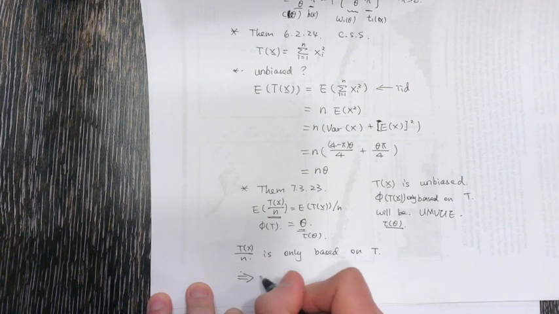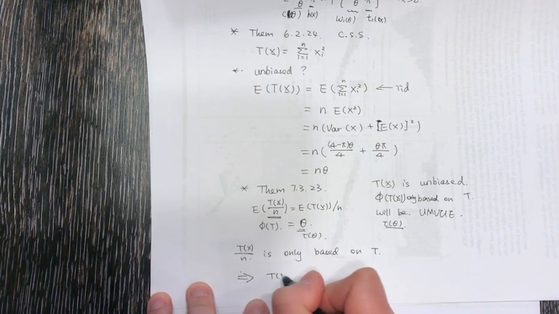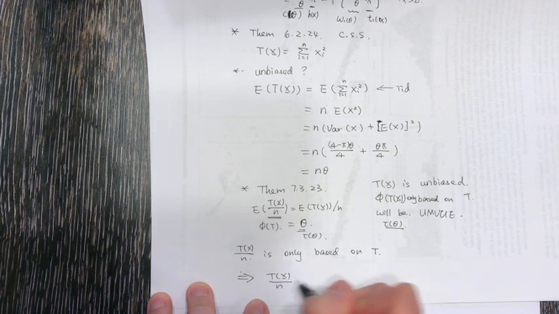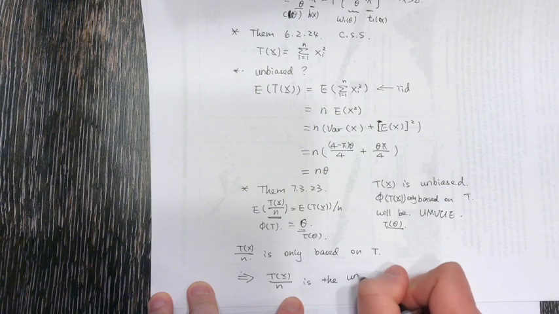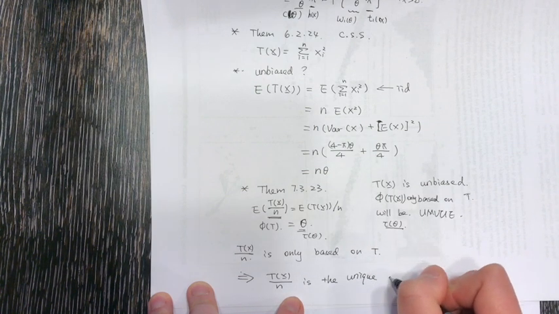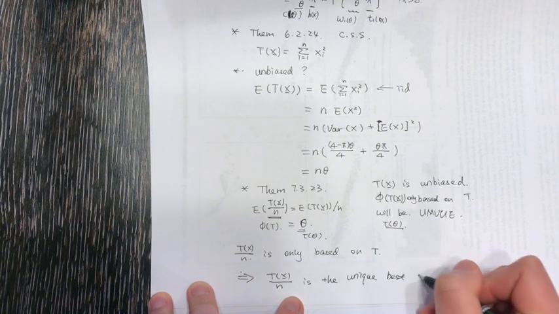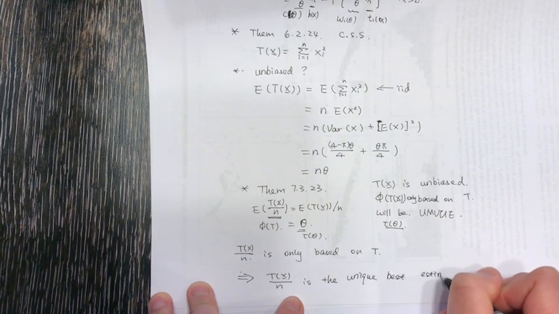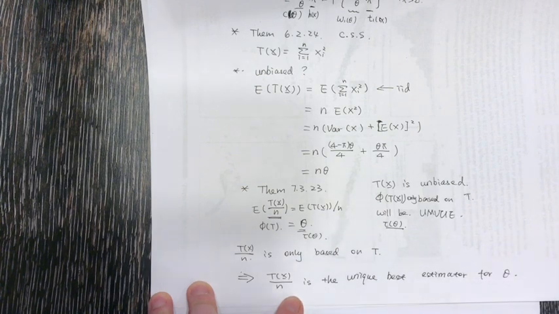So then we know T divided by n is the unique best estimator for theta.